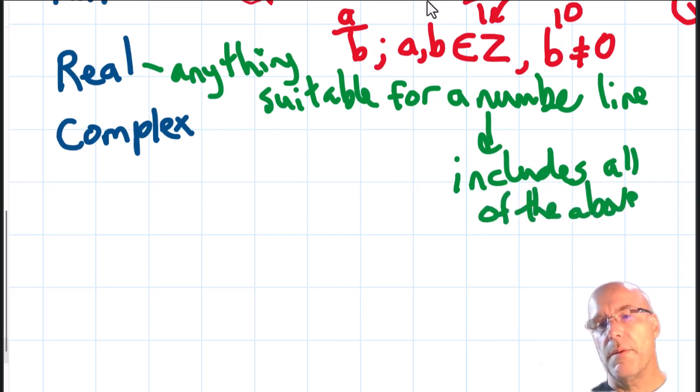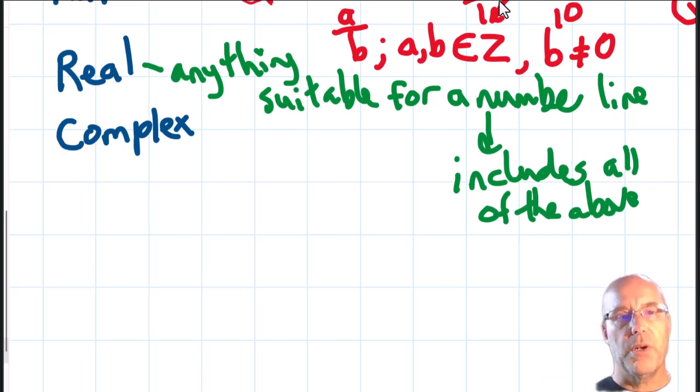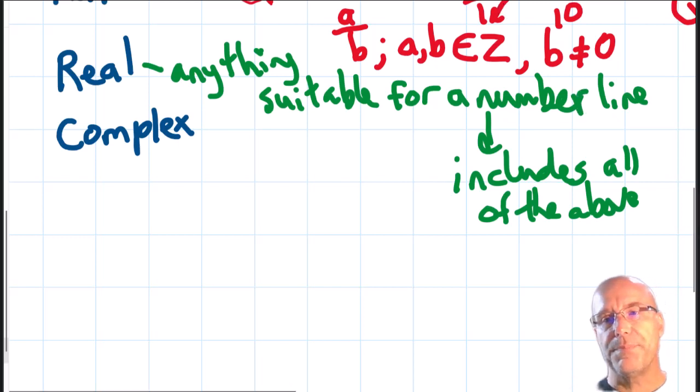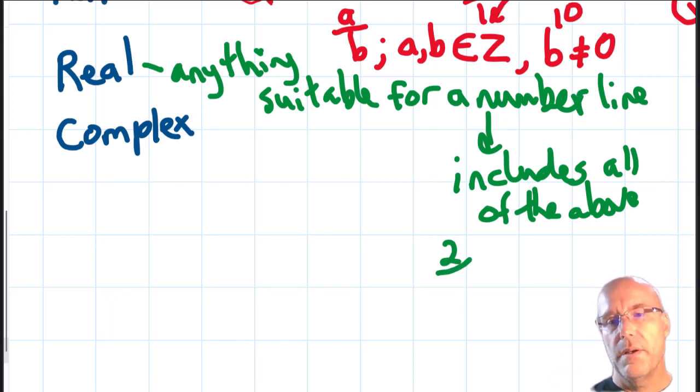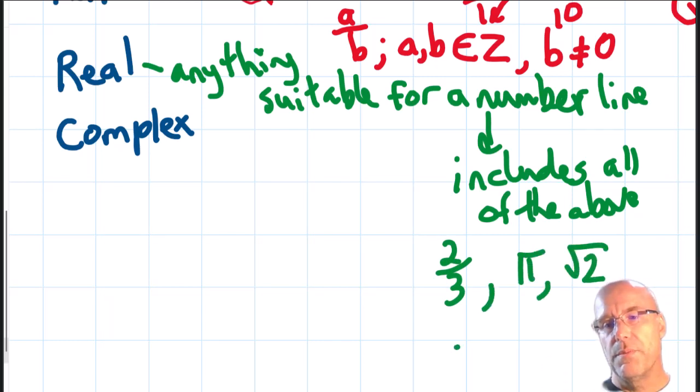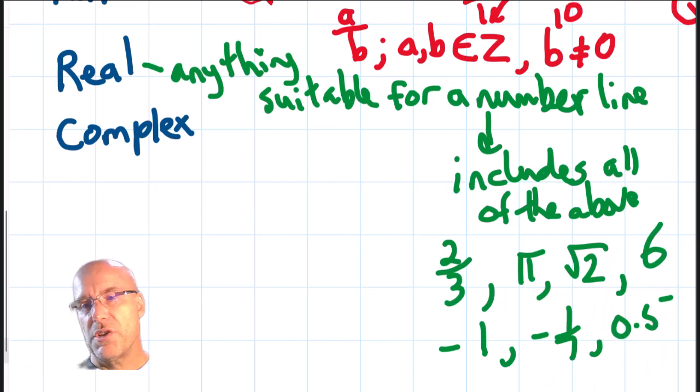All the sets from whole numbers, natural numbers, counting, we've got integers, rational and irrational, all of those. They're all types of real numbers. So anything that you can put on a number line. Okay, so 2/3, pi, square root of 2, -1, -1/7, 0.5, 6, okay, these are all real numbers. You can put them on a number line.